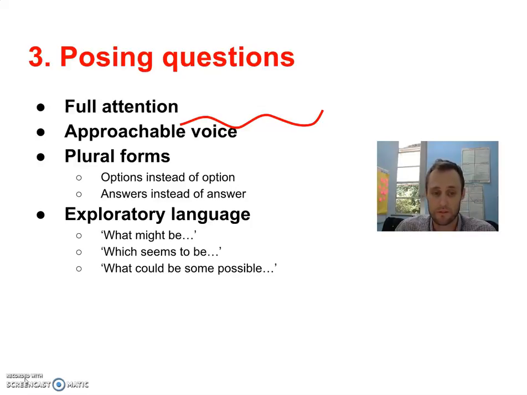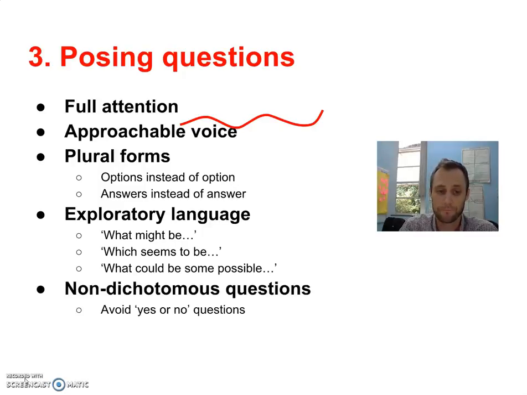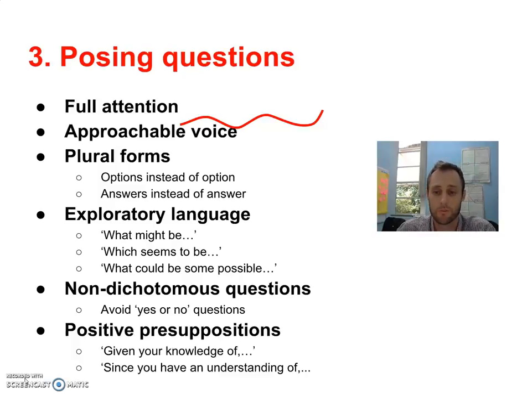And what that does is it takes the pressure off the person thinking, okay, what is the correct answer? It's like, well, I think this might be an answer, so I'm going to give my thinking. And obviously, if you want people to inquire and enter into a dialogue around a question, the yes/no questions don't work.